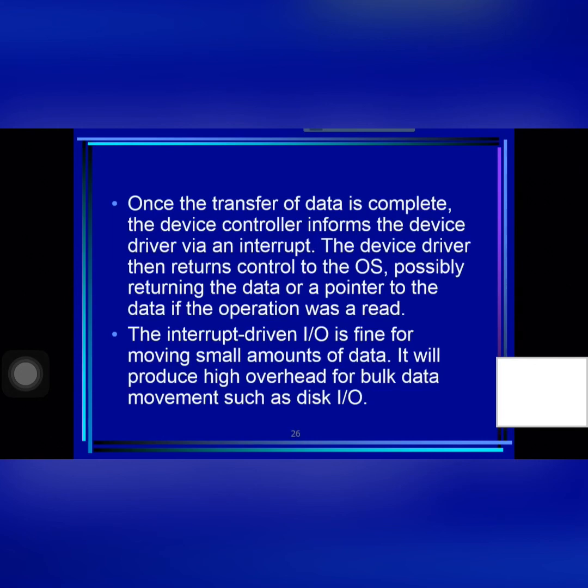Only one interrupt is generated per block to tell the device driver that the operation has completed, rather than the one interrupt per byte generated for low-speed devices. While the device controller is performing these operations, the CPU is available to accomplish other tasks.